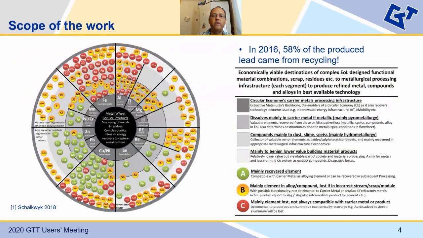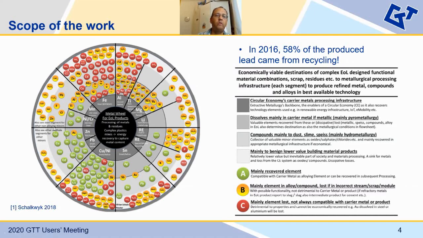Why are we focusing on lead as a primary metal? The first reason is that lead is one of the most recycled metals. The second reason is that, according to this so-called metal wheel, many secondary metals can be recycled in association with the extractive metallurgy of lead.